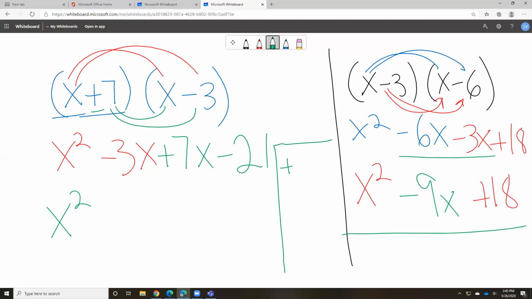That's a positive 7x. All right, so that's that. What's missing from these like terms, which is just x to the first power? I got the 7 in here. I need the negative 3x.